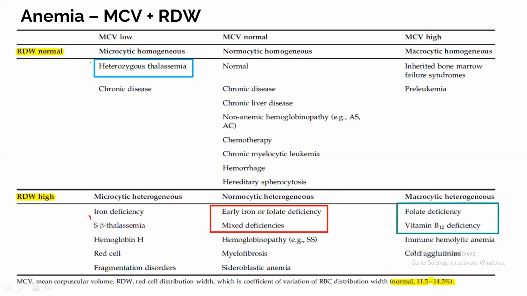The simple way to remember: if MCV is low, that is microcytic, and RDW is increased, we know we are probably dealing with iron deficiency anemia. In the case of thalassemia trait, RDW would be normal and MCV will be low. These are the two important parameters you must know.